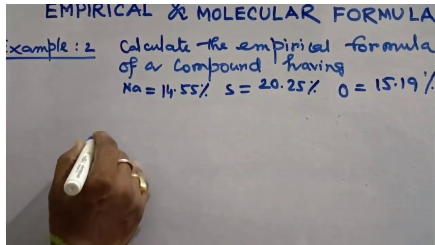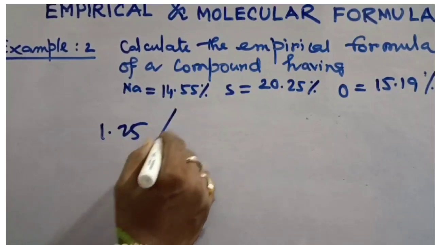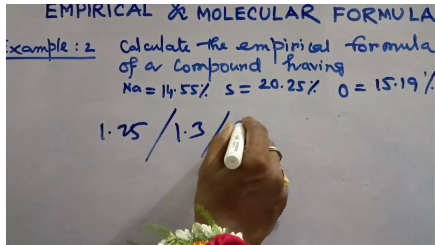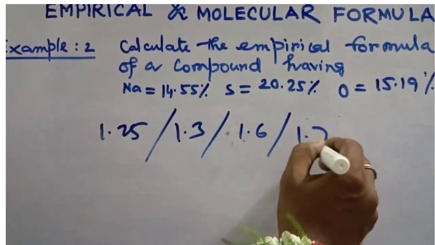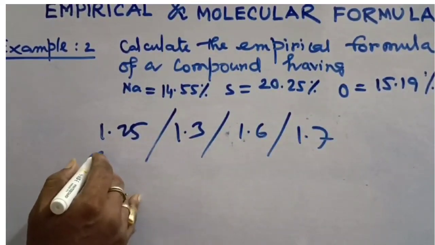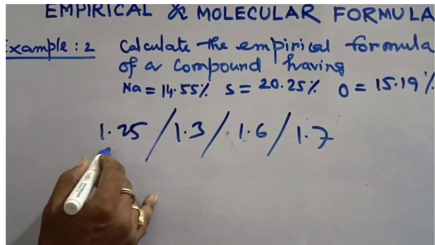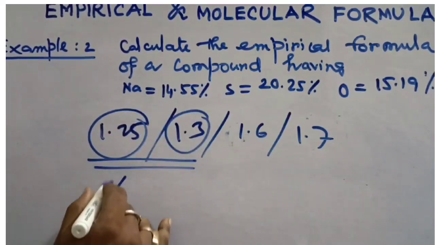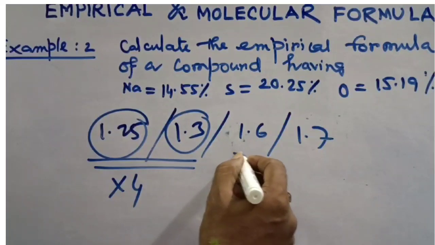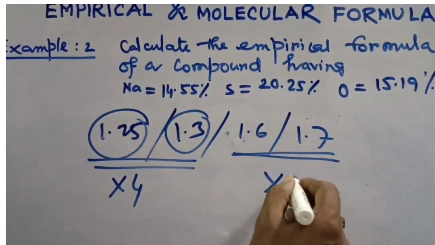When we get 1.25 or 1.3 or 1.6 or 1.7, then to get the nearest whole number we have to multiply 1.25 or 1.3 by 4 and 1.6 or 1.7 by 3.